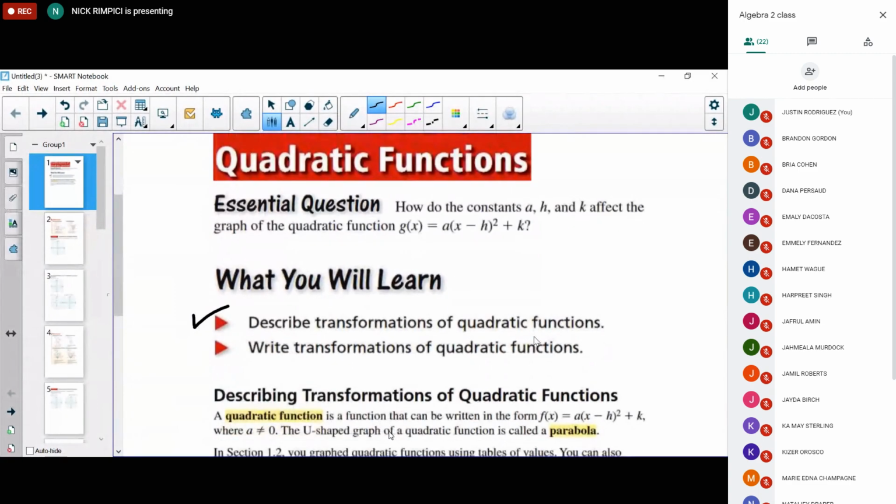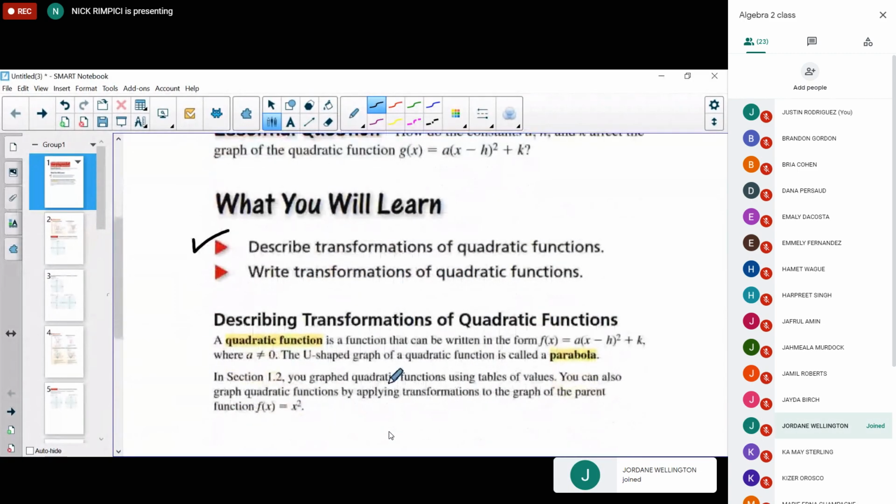So let me just read this little passage. We'll talk a little bit about quadratic functions, and then we'll look at how to actually translate those quadratic functions in the coordinate plane. So, describing transformations of quadratic functions. A quadratic function is a function that can be written in this form: f of x equals a times (x minus h) squared plus k.